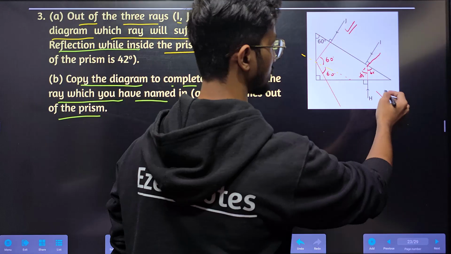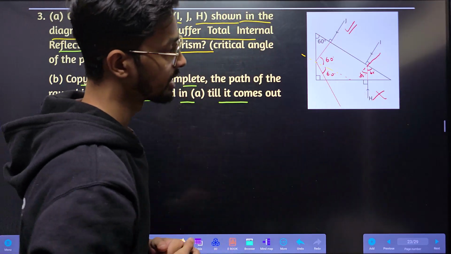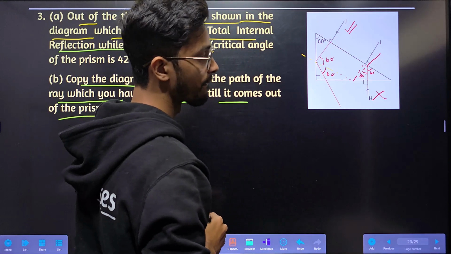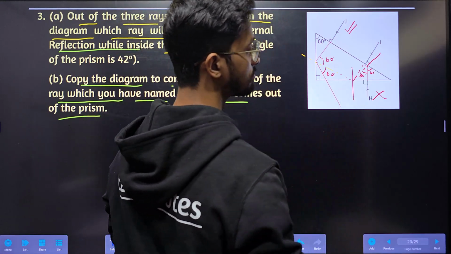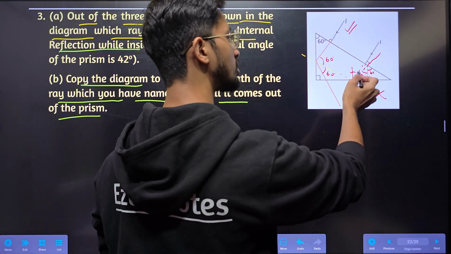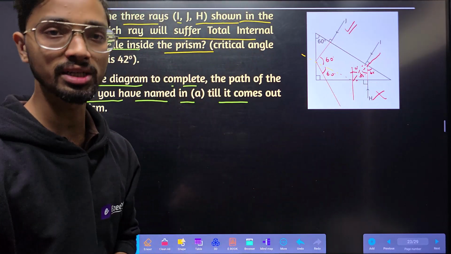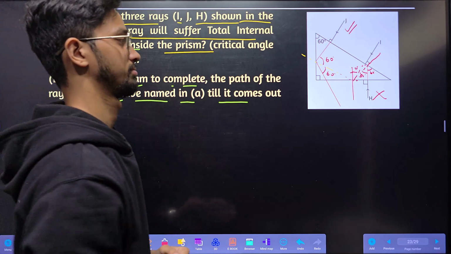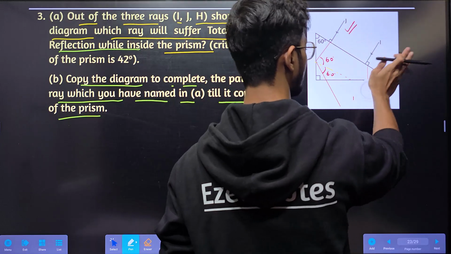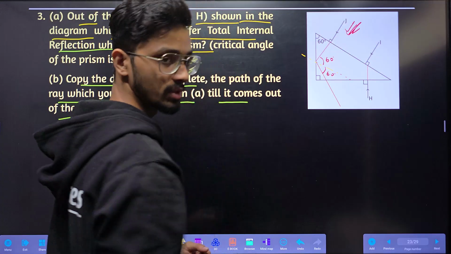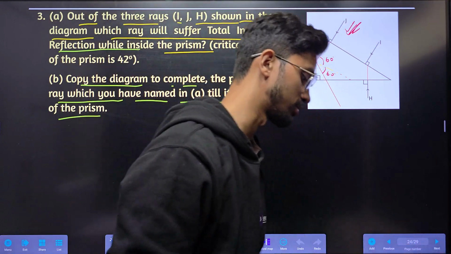So this is not possible. How about I? Again, I falls here like this, right? So we'll make the normal. As this is 30, this will be 60, and this will again be 30. So it will also be incident at a 30 degree angle, so it will also not suffer TIR. So only J is the right answer. J is correct. Done. Try it once by yourself.